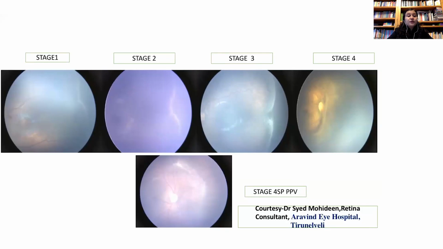So it is very important to have a good and collaborative relationship with pediatric retina people and retina specialists, because pediatric ophthalmologists usually follow these cases for the long term.